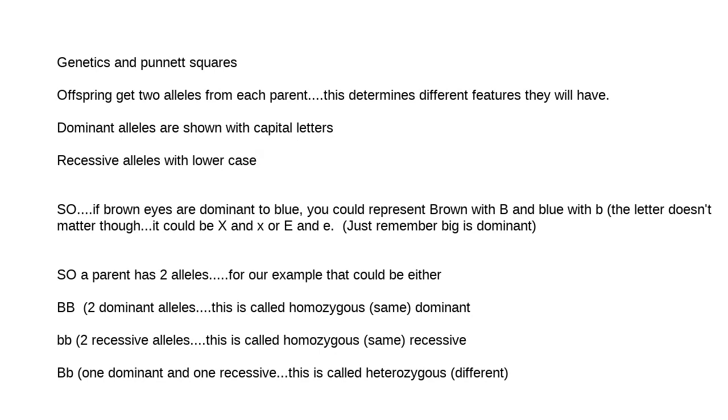So if a parent has two alleles, for our example with the eyes and using the B, the parent could give two big Bs. That would mean they are giving two dominant alleles, and we call that homozygous dominant, because homo means same, so homozygous just means the same alleles.